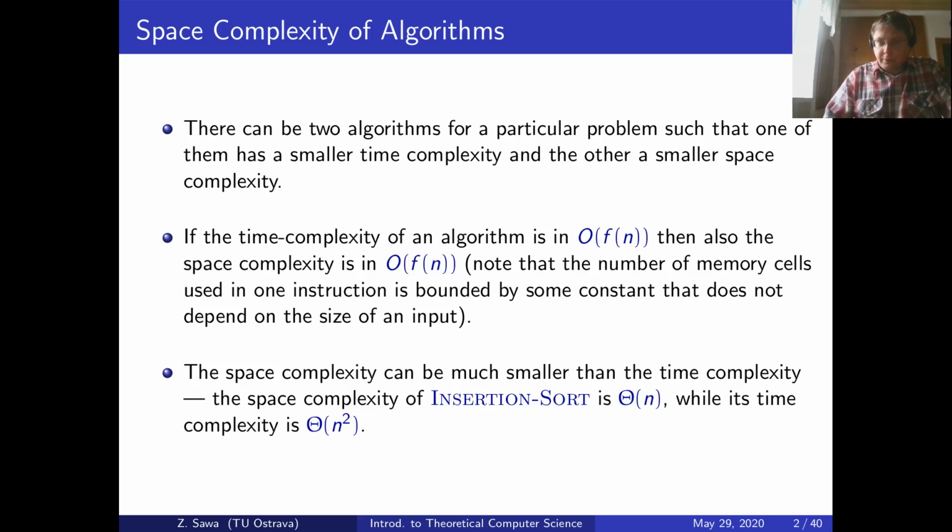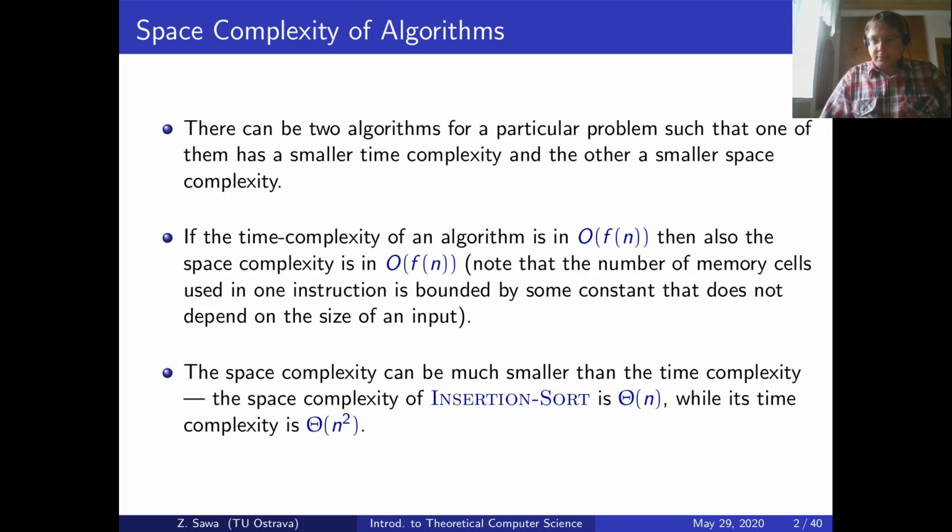So if the number of elements in this array is n, it requires n cells for this array, and it also requires some additional cells to store some local variables, like the size of the array, some indexes pointing to the array, and possibly some local variables to store the values read from the arrays currently being processed, and so on.